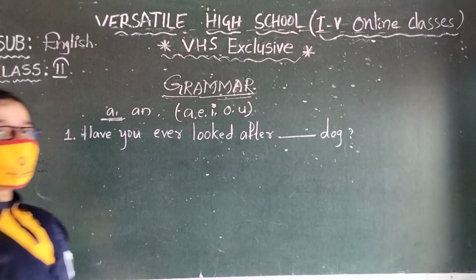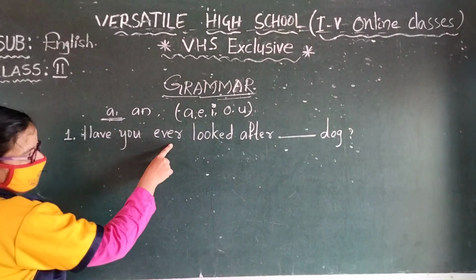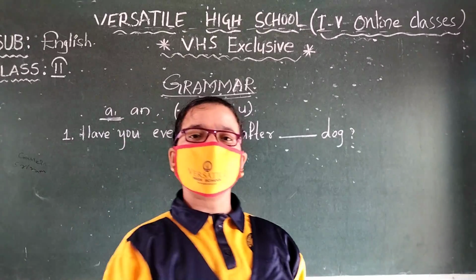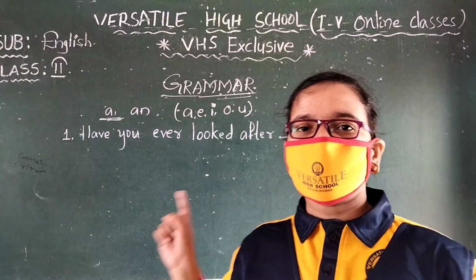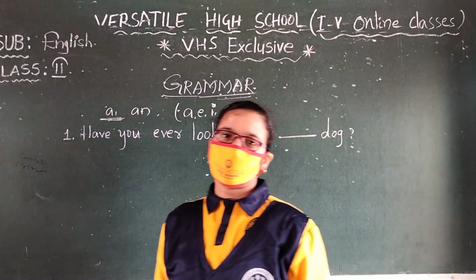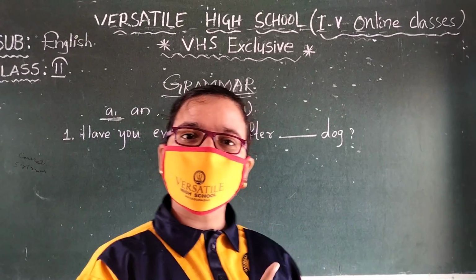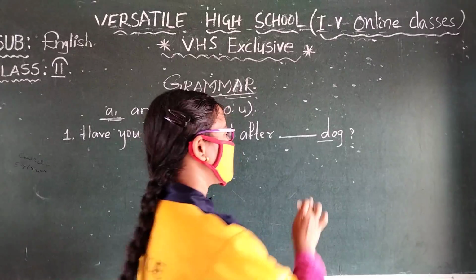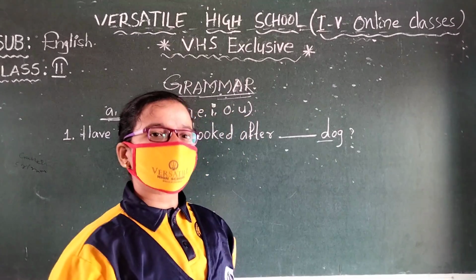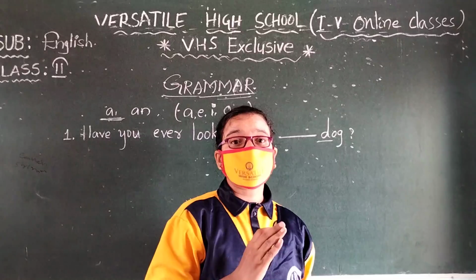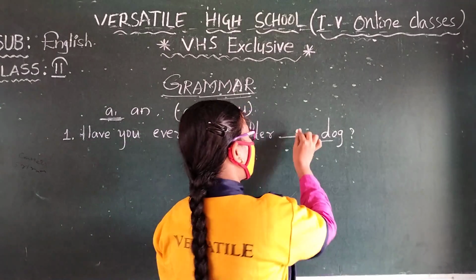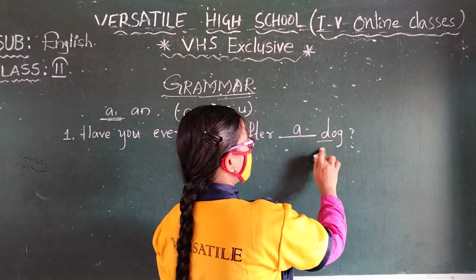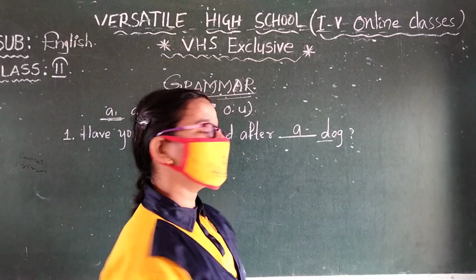Have you ever looked after dash dog? Is D a vowel or consonant? This is a consonant. This word starts with a consonant sound, so we use a.